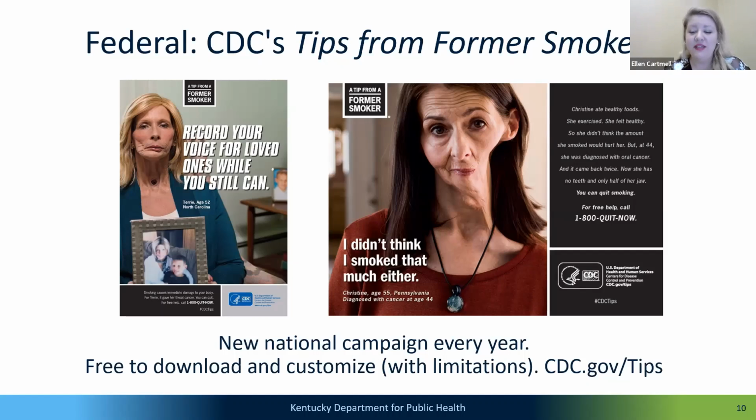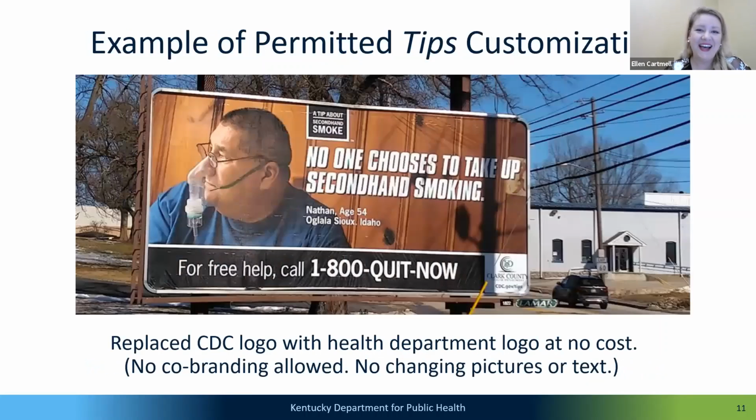So these you will often see, and you might even be seeing them on your TV the past couple of months. An example of what it looks like to customize these is here. This is what Clark County did last year. They are doing education about secondhand smoke, and you can see that they put their Clark County logo in the bottom right corner.